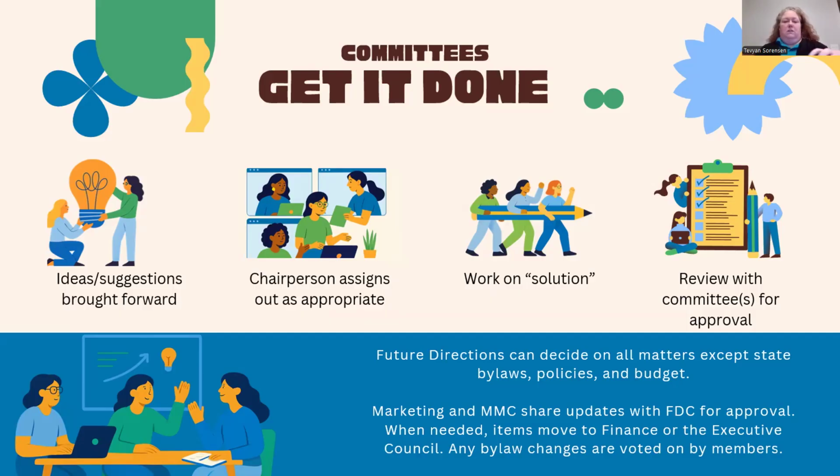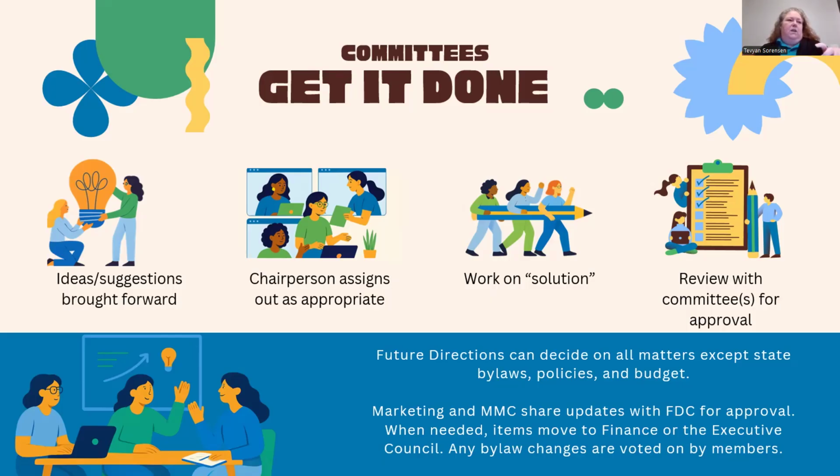Something I learned, because we get asked this question and we actually ask ourselves this question sometimes, is that Future Directions per our bylaws can decide on things within the state. Future Directions has the ability to approve things, except for bylaws, policy, or things affecting the budget.